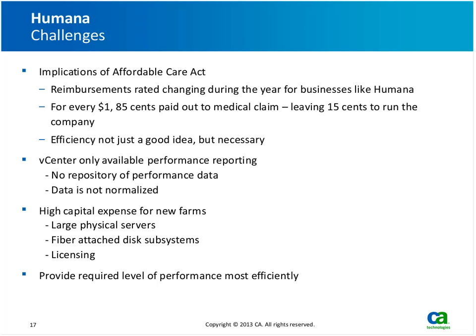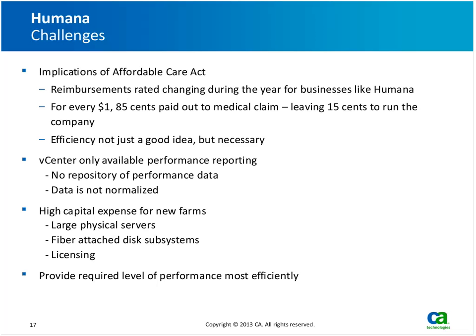They were currently pulling data from vCenter only. That data was not normalized. Costs were very high for standing up new application farms. Their applications are housed on very large physical servers, and this can be very expensive.